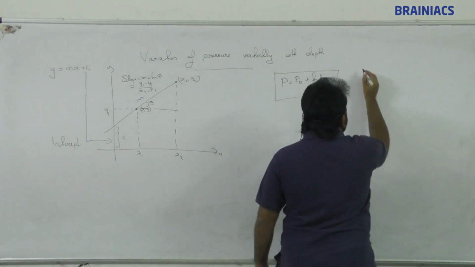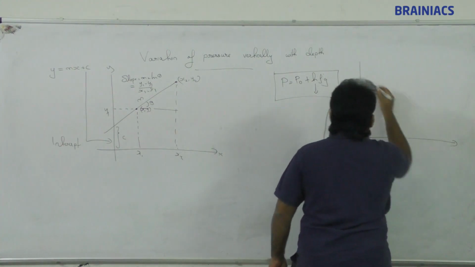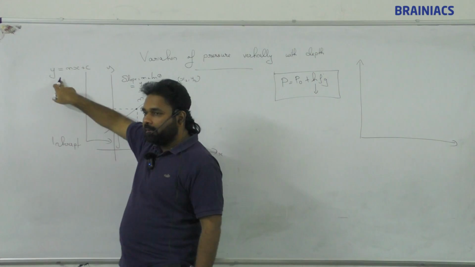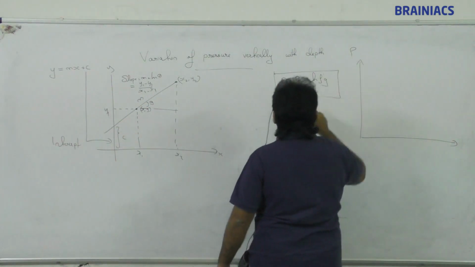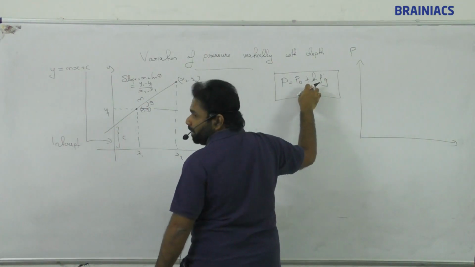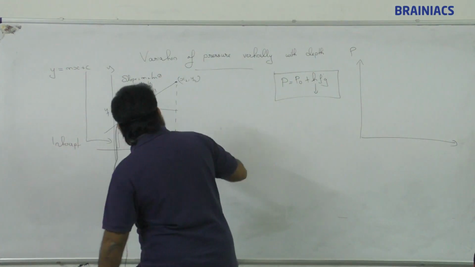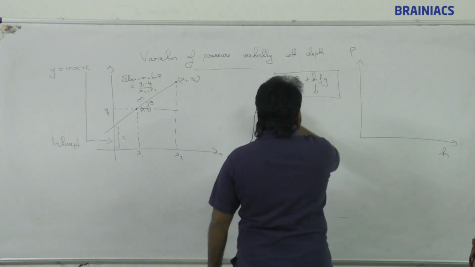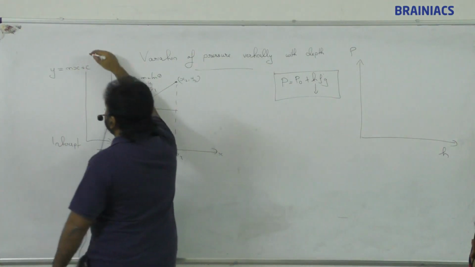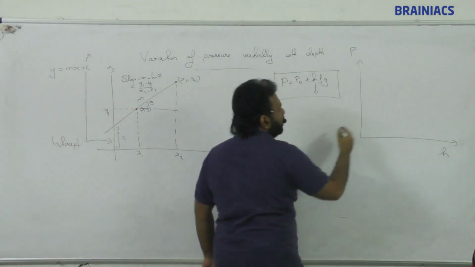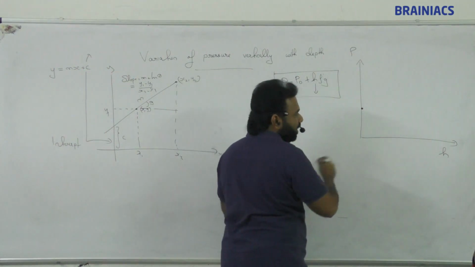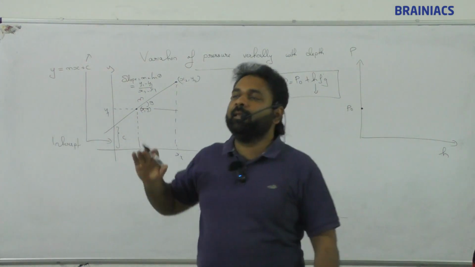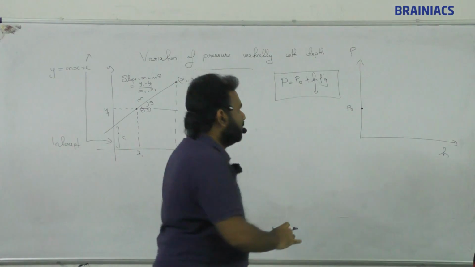So when I plot this, p is on the y axis and the variable h is on the x axis. Here c, standing separately, is p naught. So here this is going to be the pressure, p naught. Okay, h is linearly varying.